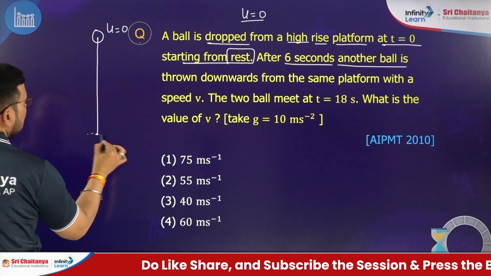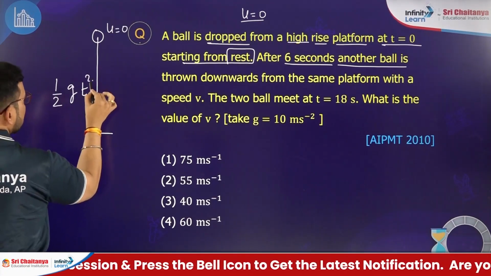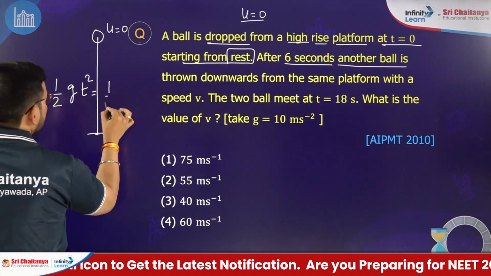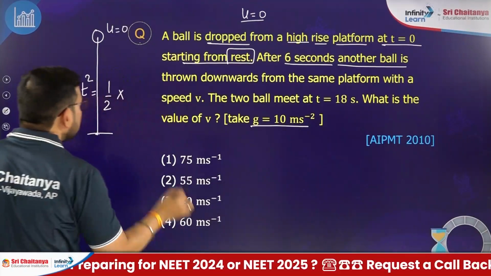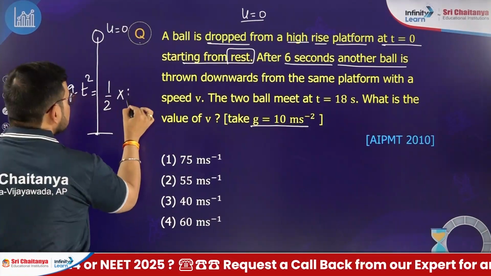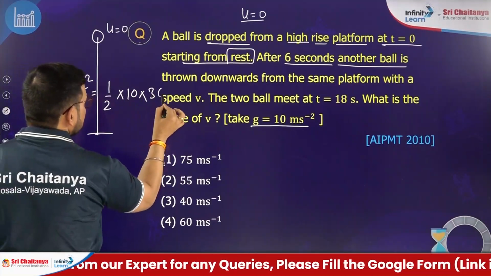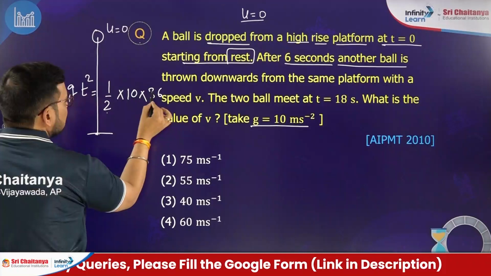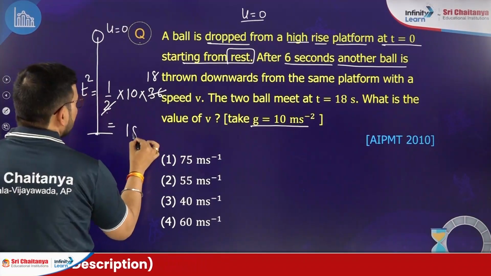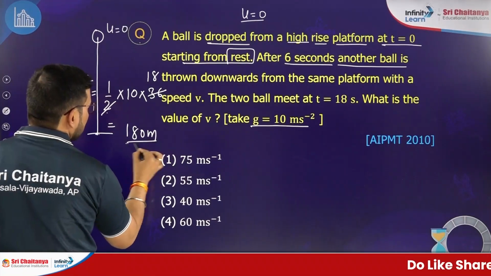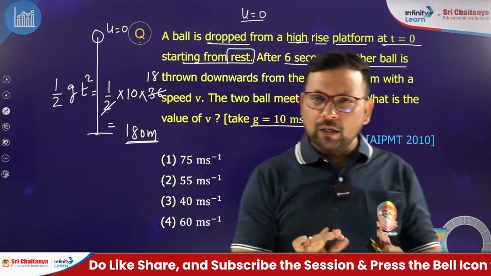It will fall half g t square, that is equal to half into g, whatever g is given in the question that we will take, otherwise 9.8. So that is g, and t square is 6 square, that is 36. Half g t square, that is equal to 18 into 10, and it is 180 meter. The first ball has fallen 180 meter alone.